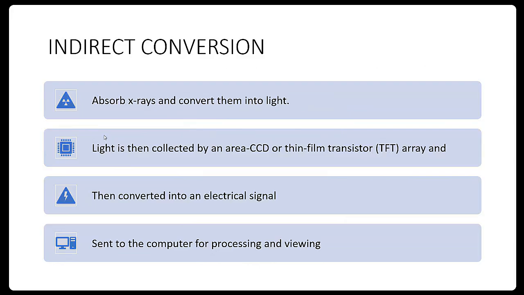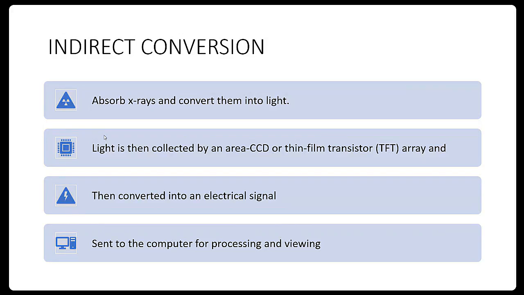So what happens in an indirect conversion? Firstly, the scintillator will absorb X-ray and convert it into visible light. Then this light is collected by a CCD, that is charge coupled device, or thin film transistor array.